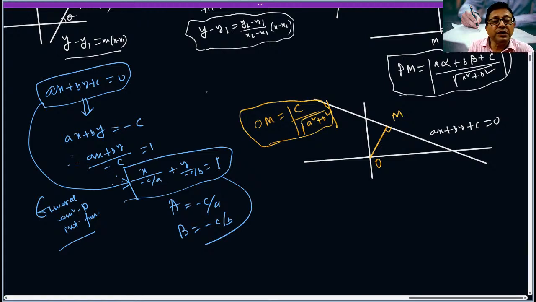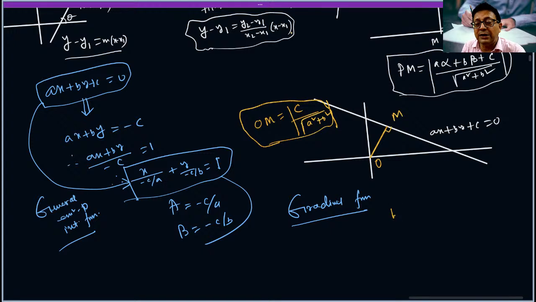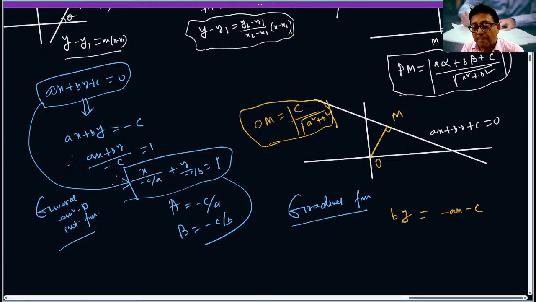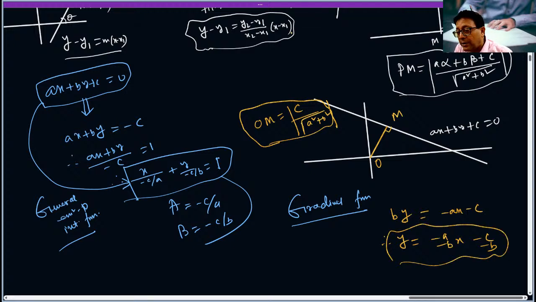How to convert this one into gradient form? Gradient form means y equal to mx plus c. You keep by here, so y equal to minus a by b x minus c by b. What is m here? m is minus a by b and c is minus c by b.